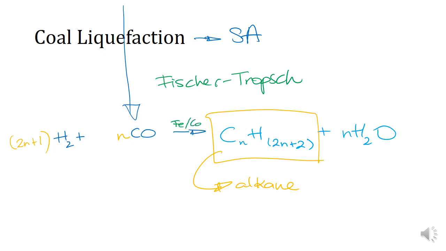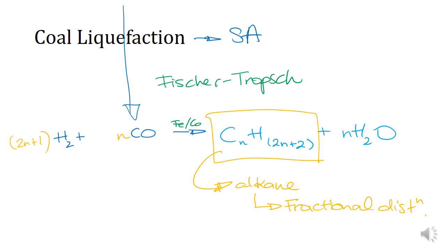I will need to double check the exam questions. I can't recall how much detail they actually expect you to know about this process. But once we've got our alkanes, that would be a mix of alkanes, so we would need to do fractional distillation on those.